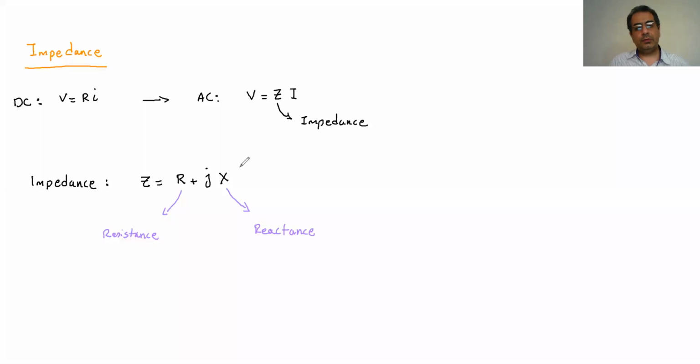When we put the resistance plus the effect of inductance and capacitance together, it forms a complex number, which is called the impedance, and then we put it there. Slowly I will go through how we can calculate that and use it in this equation.